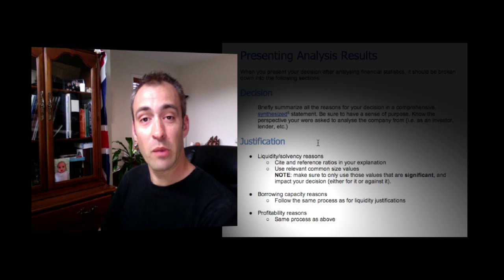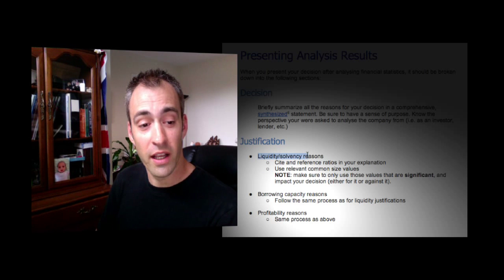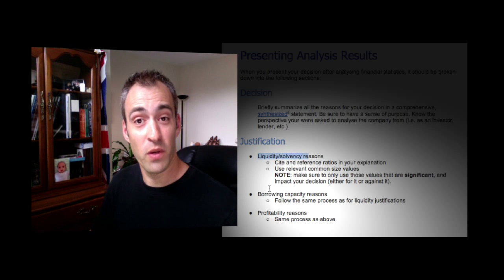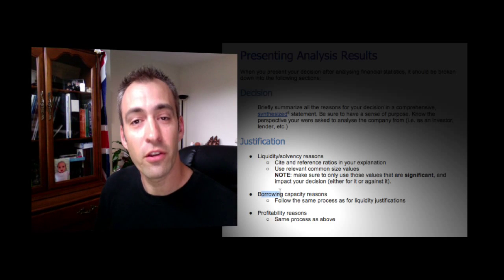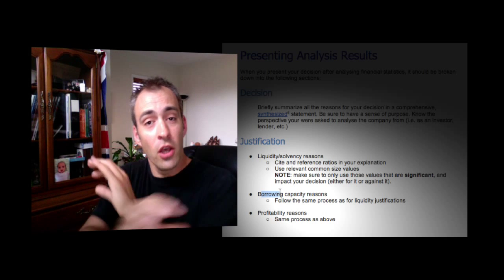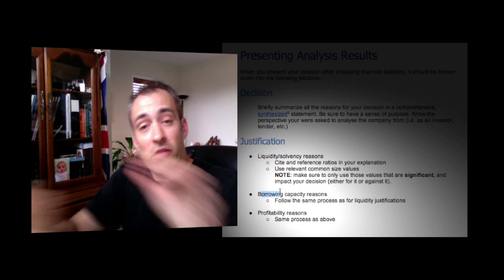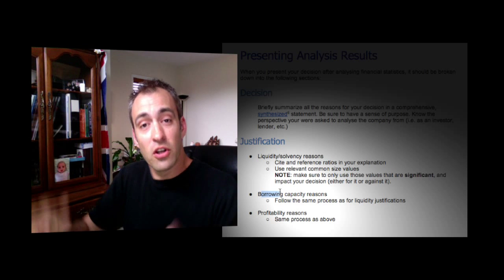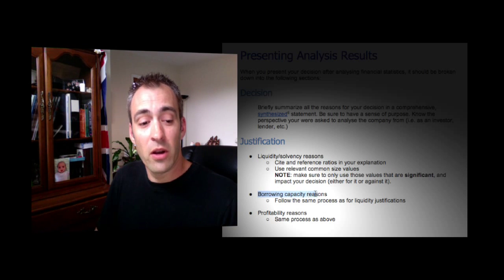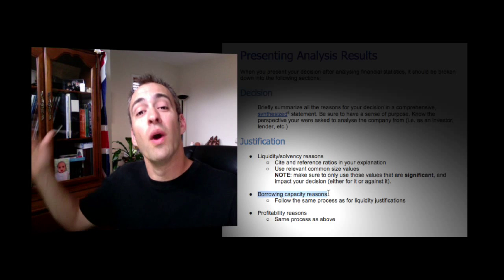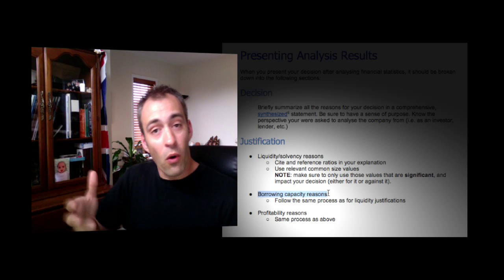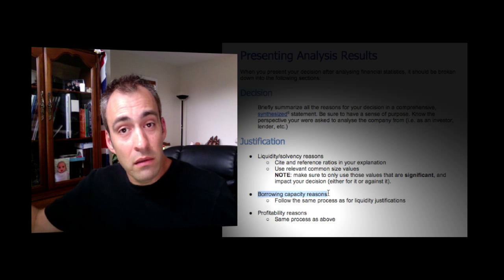And your reasons had better fall into categories: liquidity and solvency reasons, and not one or the other unless I only ask you for one or the other, right? You have to say something about the solvency and liquidity situation of this business that it is currently in. Then you have to say something about any risk currently due to debt levels and whether it's able to borrow more and expand or not.